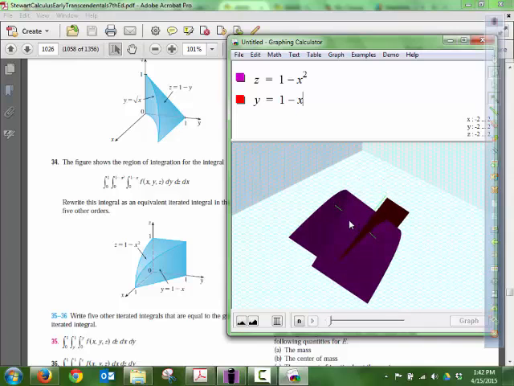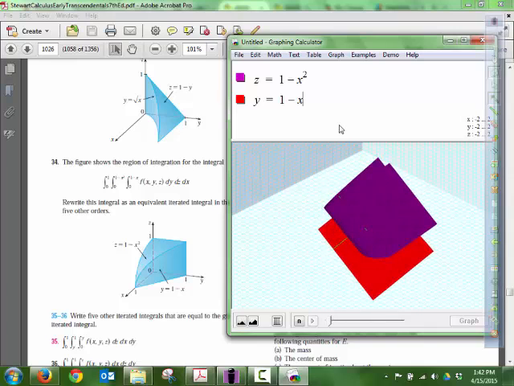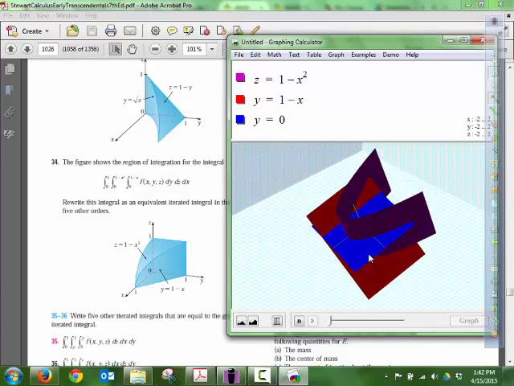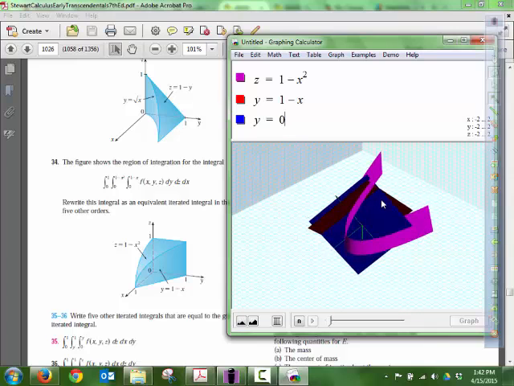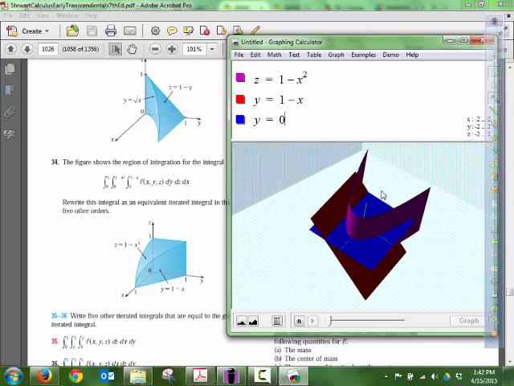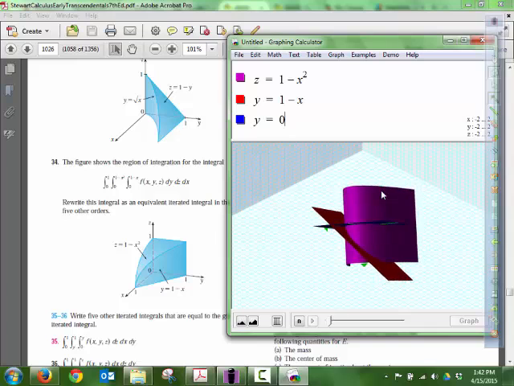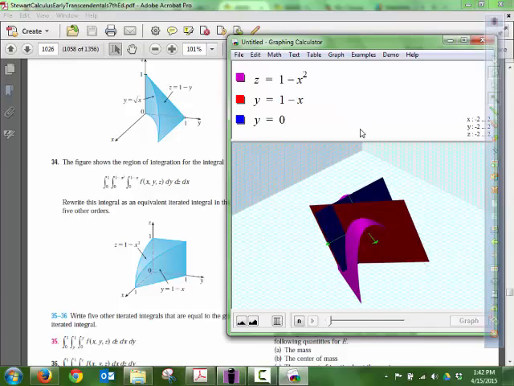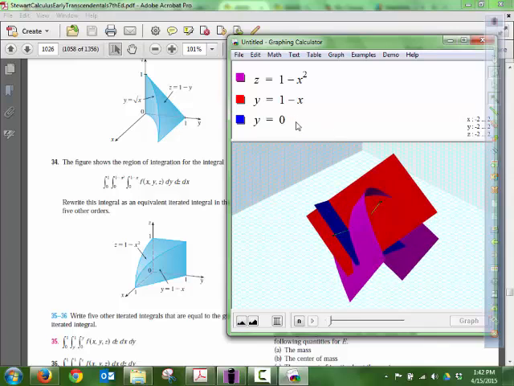Wait, this is the x-axis? Yeah. Well, the thing is that these things extend a little bit too far. All right, let me see if I could do this on the fly.